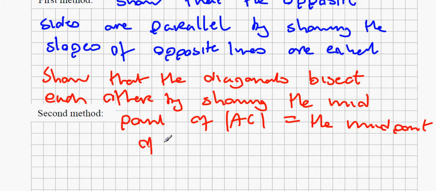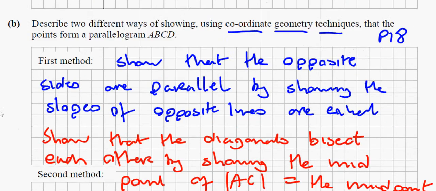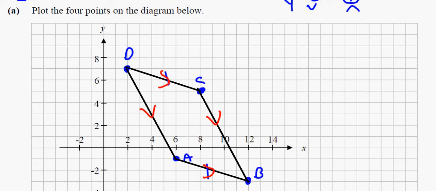I'm going to explain what this means. You get your two diagonals, DB and AC. It means that if I get this point here, call it M, M is the midpoint of AC, and it's also the midpoint of DB. So when the diagonals intersect, you create a point that cuts DB and AC in half. This means it's a parallelogram. That's all you need to know about that.